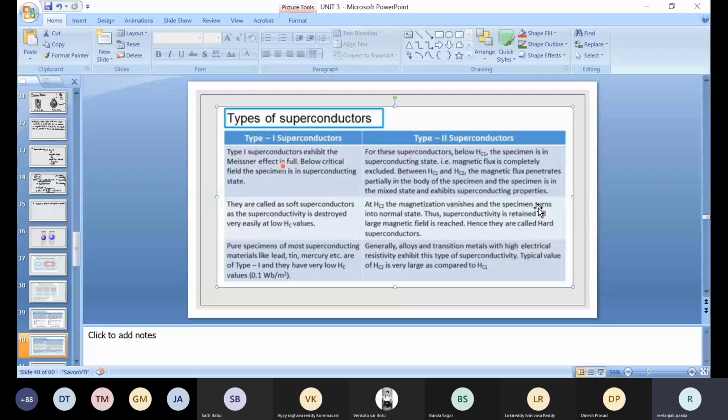We can say that the type 1 superconductor exhibits the Meissner effect in full phase, but in case of a type 2 superconductor, the Meissner effect holds good only below the lower critical magnetic field. Above the lower critical magnetic field, it is showing properties of both normal material and superconducting material.